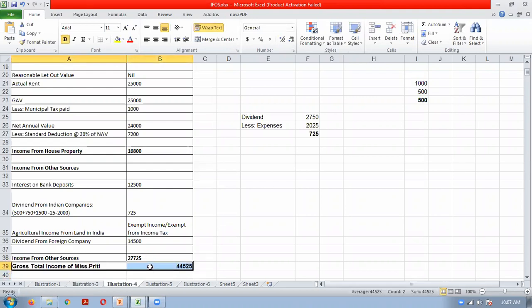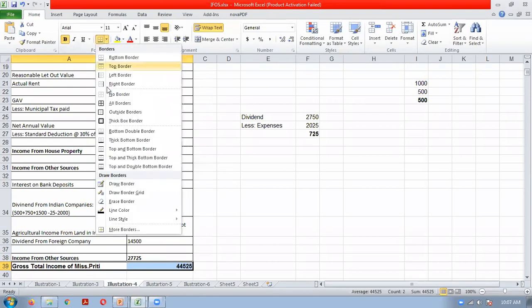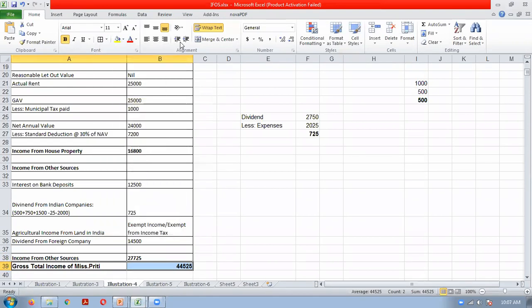So the gross total income of Miss Preeti is 44,525. Understood everybody, how to solve this illustration? Any confusion?